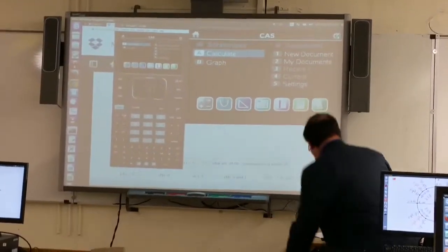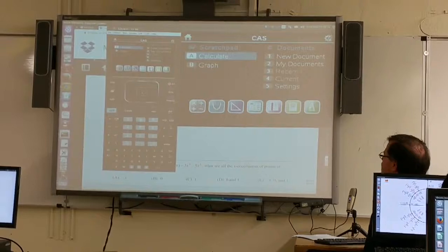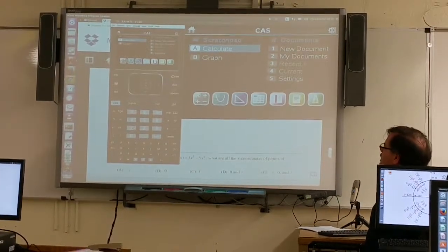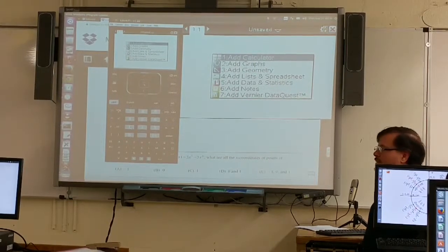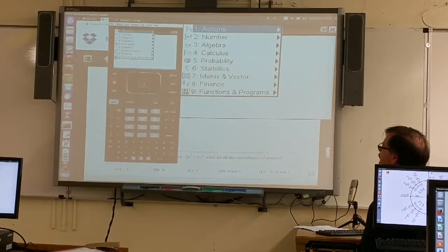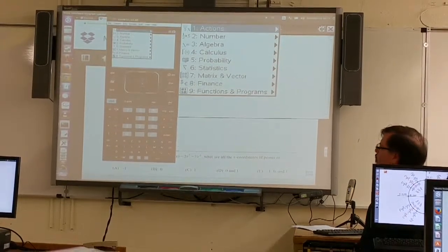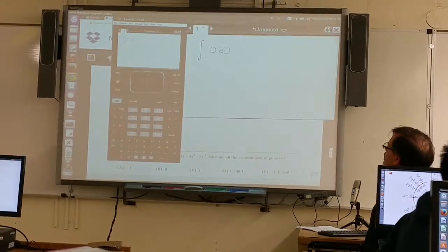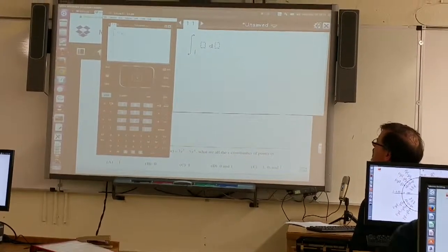Let's start with a new document. New document, 1, and menu, and 4, 4, and 3. All right, now are there limits of integration?